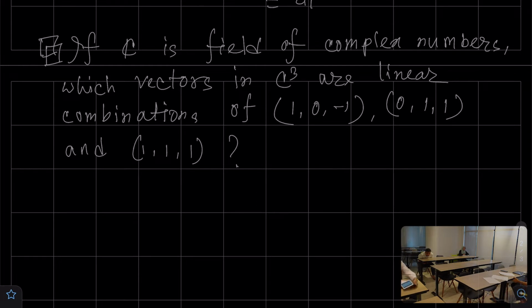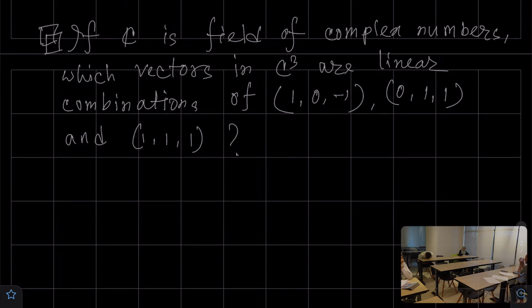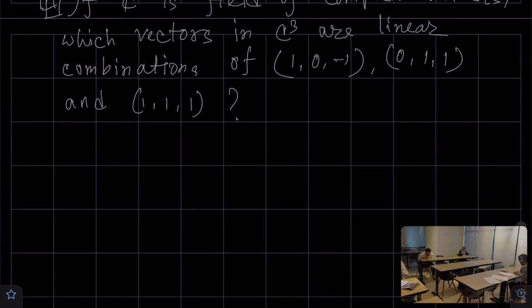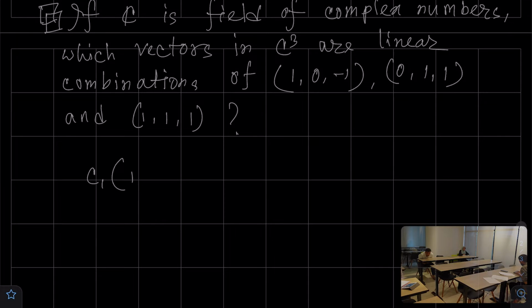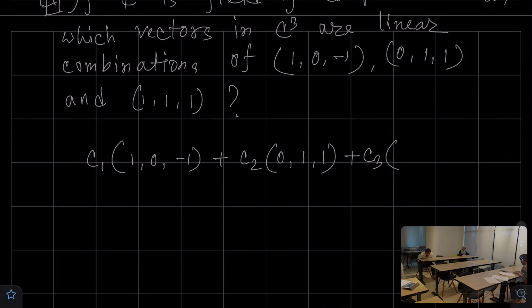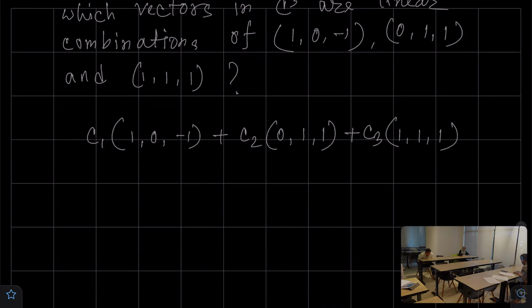So how can you show which vectors are the linear combinations of these 3 vectors? What is the definition of a linear combination? Scale and add. So I can do c1 times (1, 0, -1) plus c2 times (0, 1, 1) plus c3 times (1, 1, 1), and this can be equal to some (z1, z2, z3).